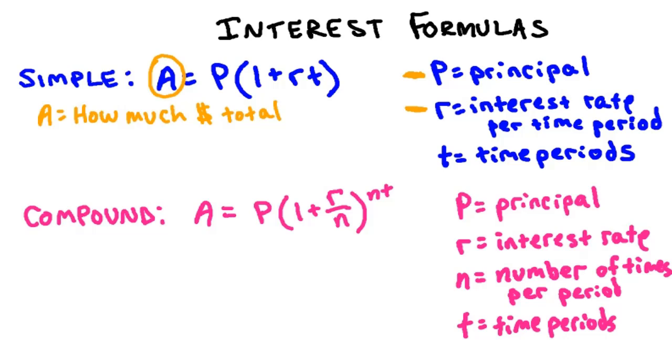So you could say 2% every 6 months or 3% annually. Annually means every year. So it's just per time period, whatever the time period is.